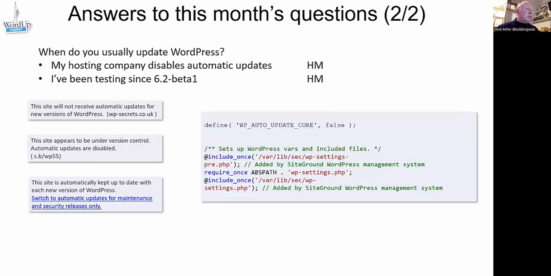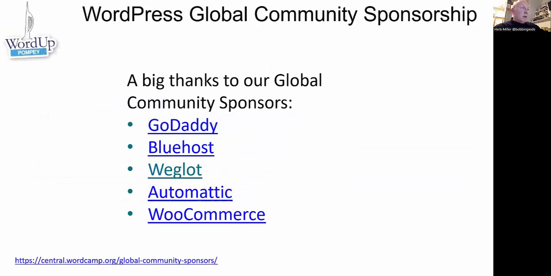Another thing that might happen is your site has version control of Git, and if WordPress determines that you've got Git in there somewhere, then it will say, I'm not going to update it because I'm going to override your Git repository. And so I had that in my local development environment. And then if you actually have automatic updates available, then that bottom left box is what you'll see, that it can be kept up to date, or you can change it and click on some buttons to do it. So there you go.